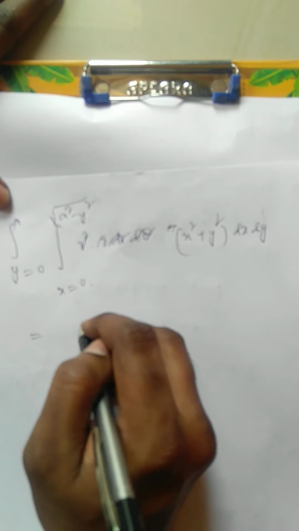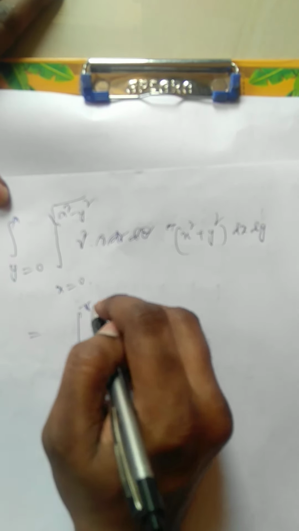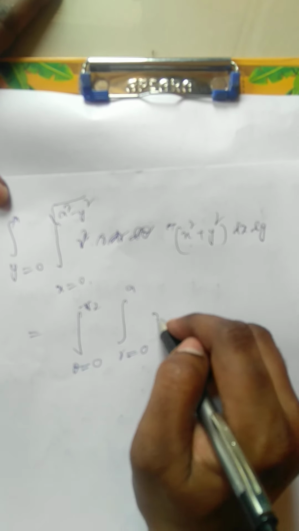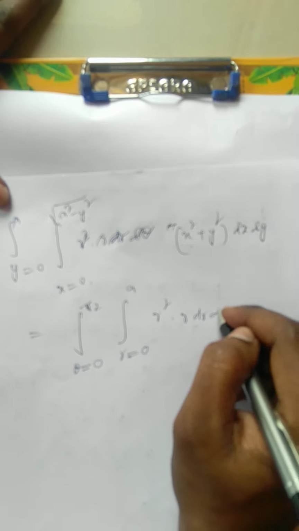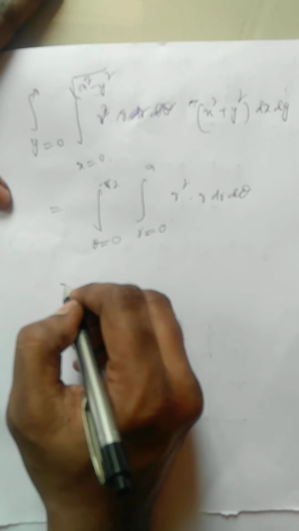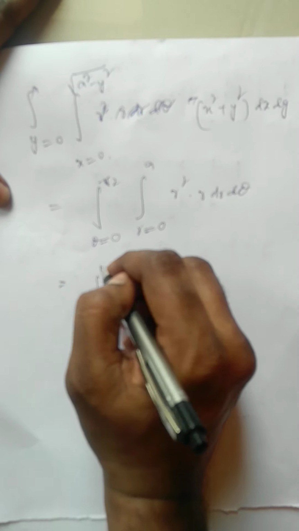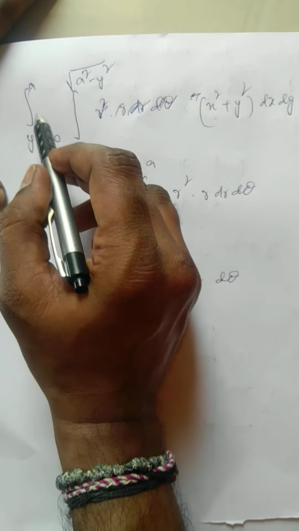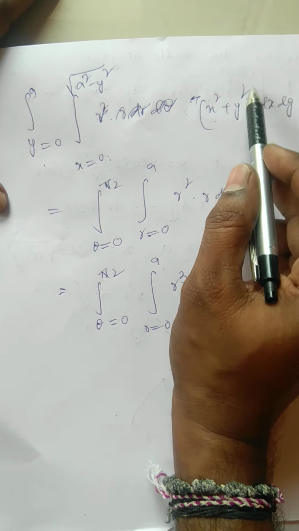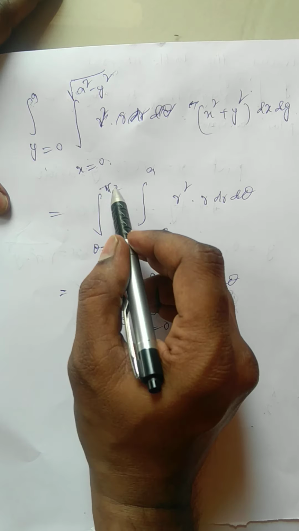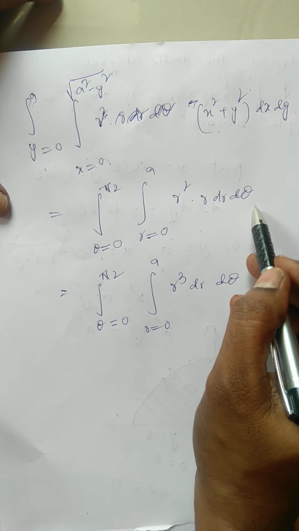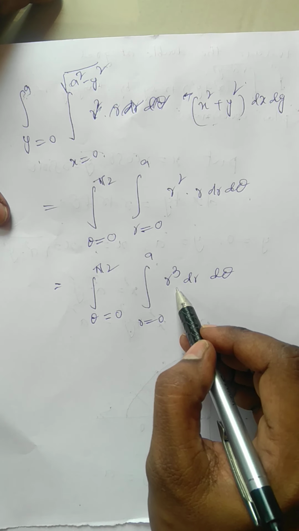This equals, with new limits, theta equals 0 to pi by 2 and r equals 0 to a, x square plus y square is r square, and dx dy is r dr d theta. So r square into r is r cube, dr d theta.